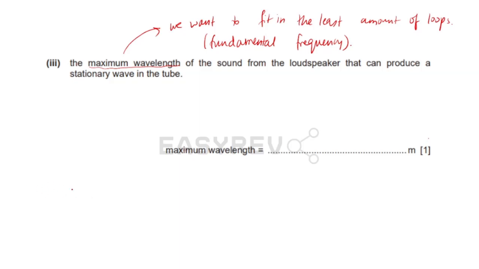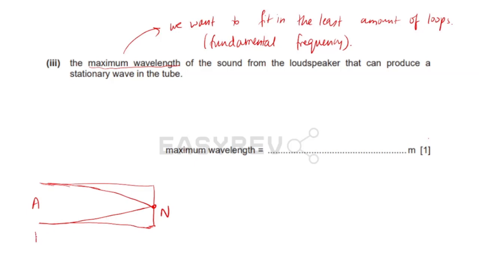So for a tube like we have, which is open at one end and closed at the other, the simplest arrangement that can be related to the fundamental frequency would be one where you have a node over here and an antinode at the open end, and then nothing else in between, which would mean you have half a loop basically.